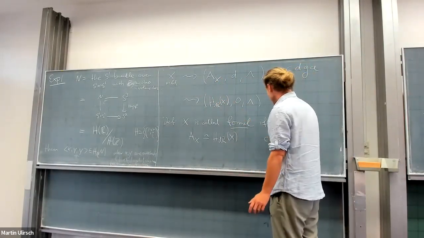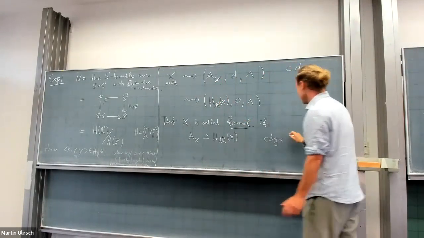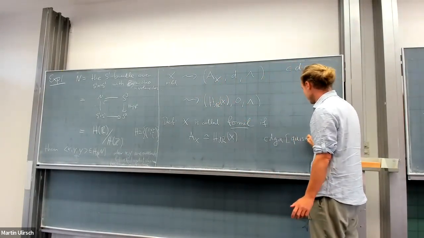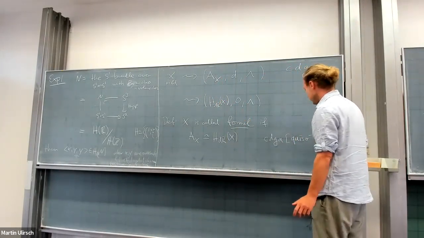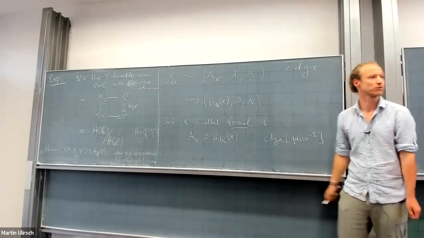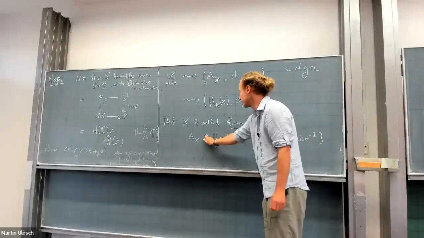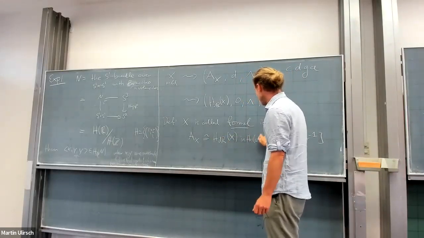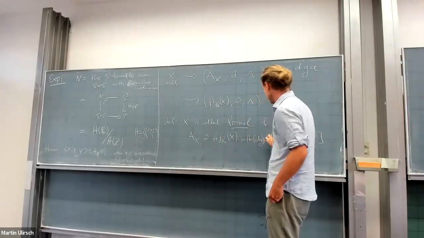But if we look at CDGAs up to quasi-isomorphism, so we form a new category where we just formally invert all quasi-isomorphisms, then we can say this is actually isomorphic. And let's call this the homotopy category of CDGAs.